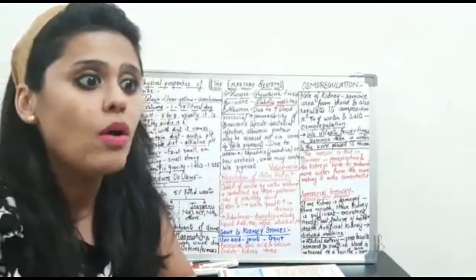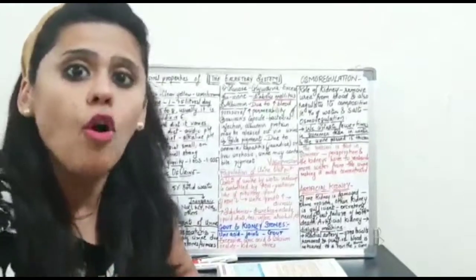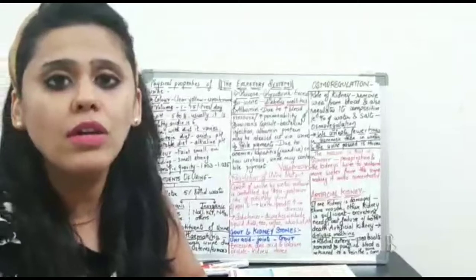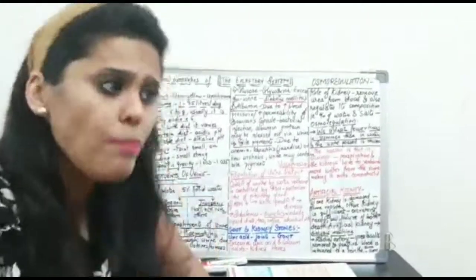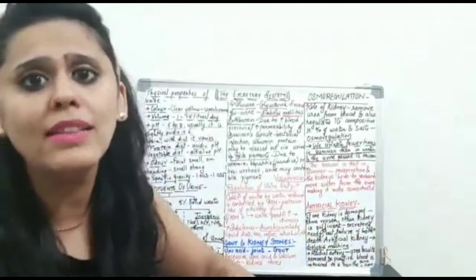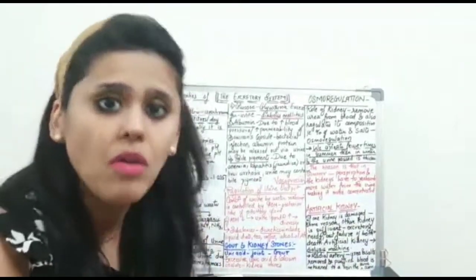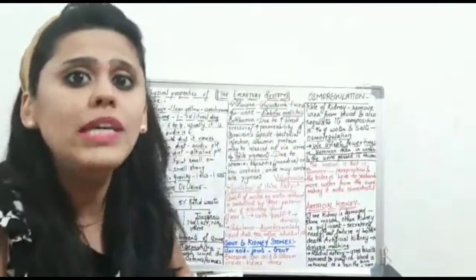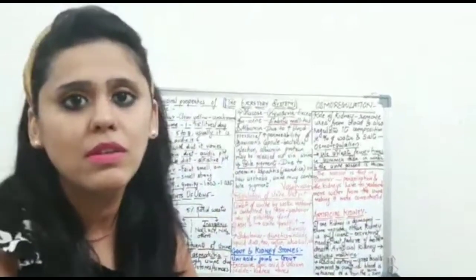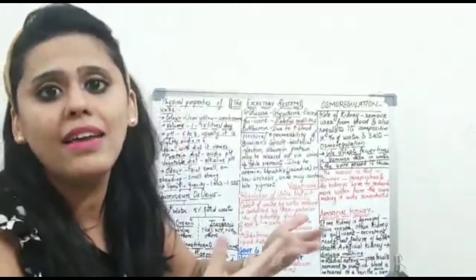Why? Because they cannot even afford to release that 1 or 1.5 liters of water from the body, because so much water is anyways lost in the loose motions and in the vomiting, and because of which the urea and uric acid stay back in the body of the patients, which is even at a higher risk.